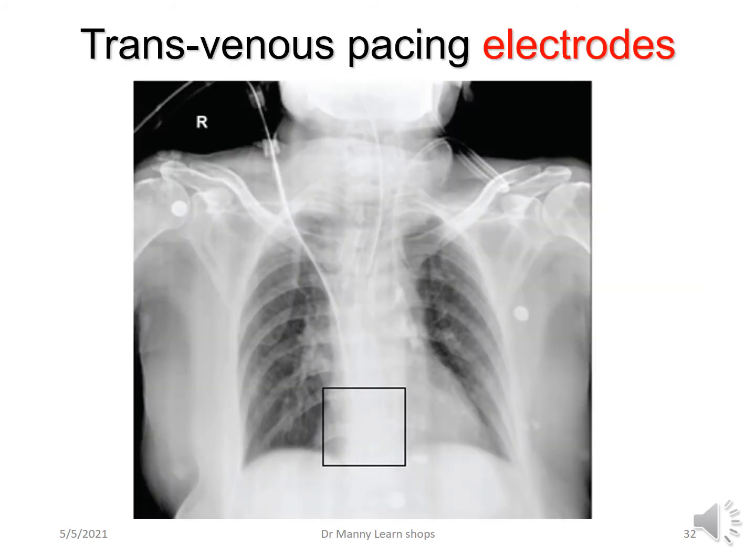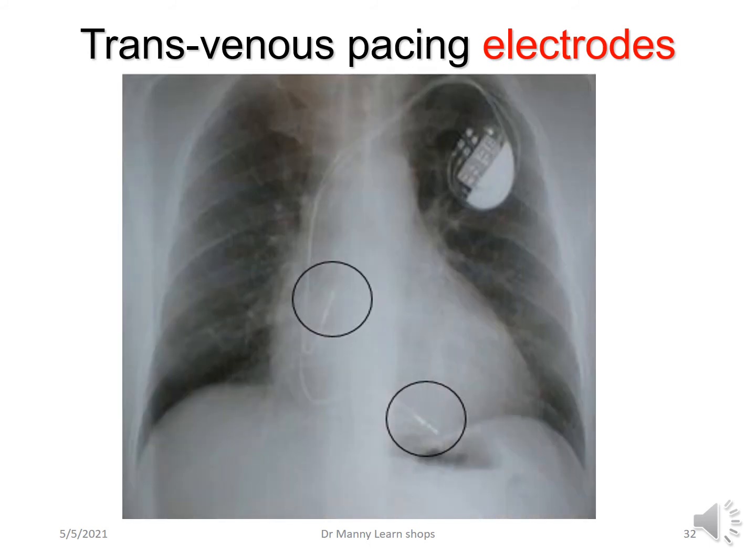If we look at the transvenous pacing electrodes, you can see on this chest x-ray, this one is going into the jugular, which the catheter goes into the superior vena cava, then into the right atrium and into the right ventricle, identified by the square. Here's another example.